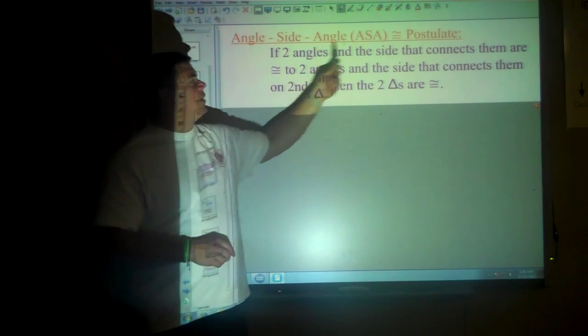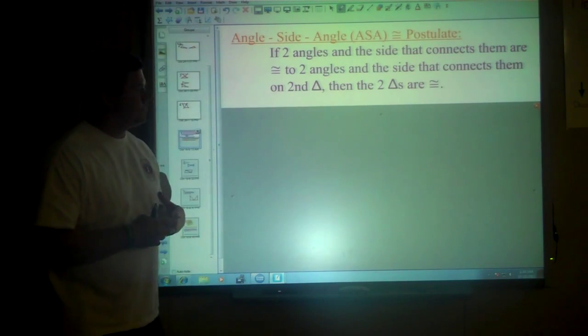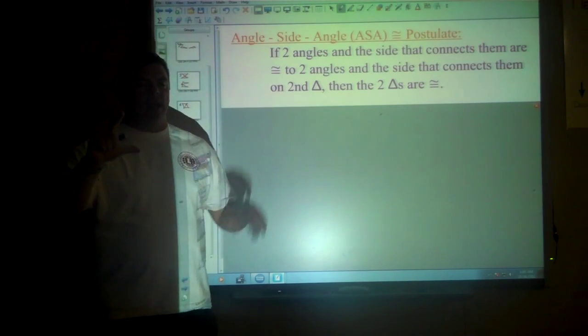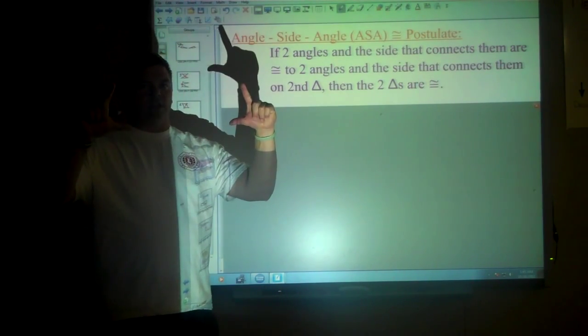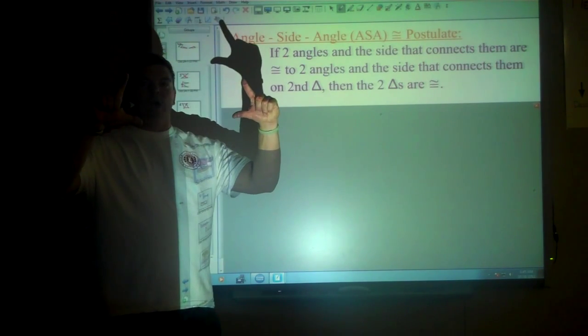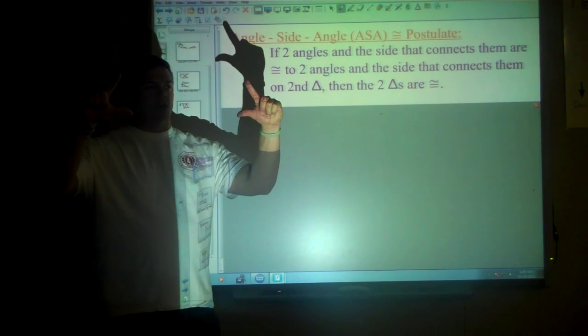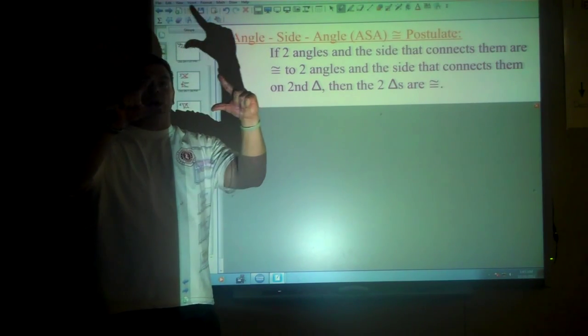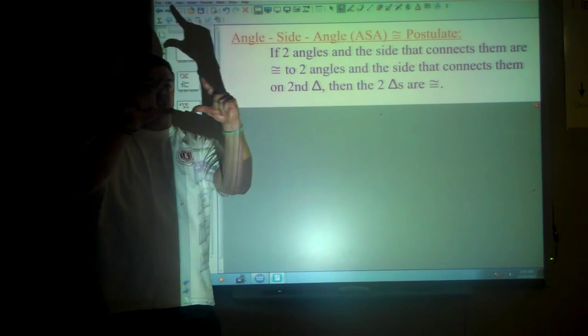This is saying two angles and the side that connects them. The angle on this side gets locked in, and the angle on this side gets locked in. So I've got a triangle with two angles that are locked. The only thing that could change now is how close they are or away from each other, which could change the size of the triangle.